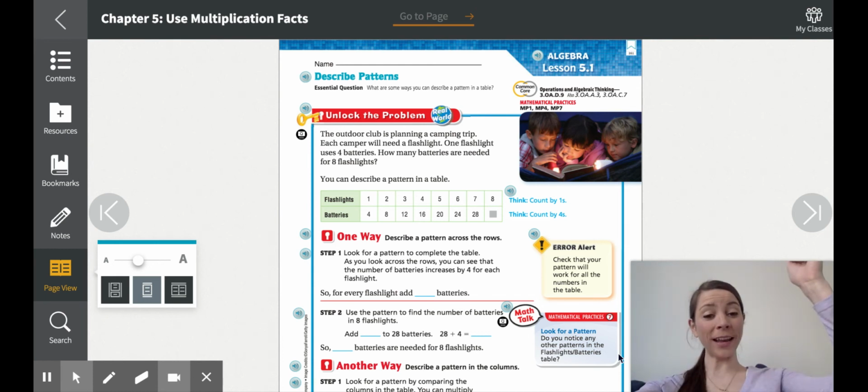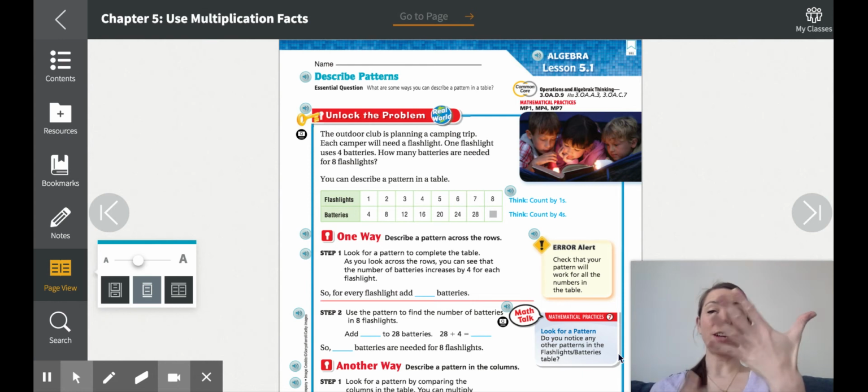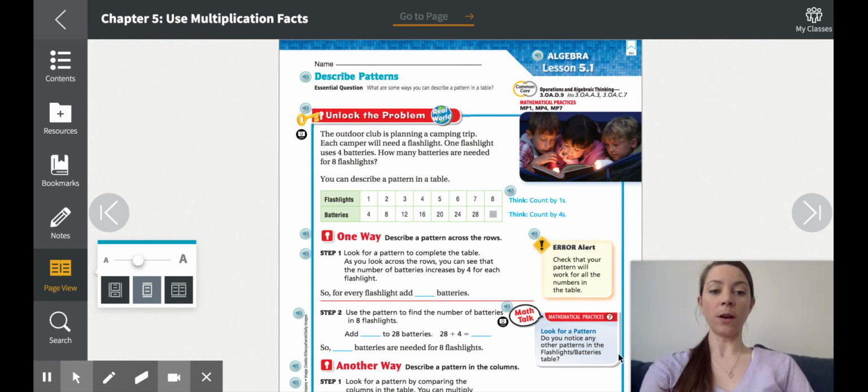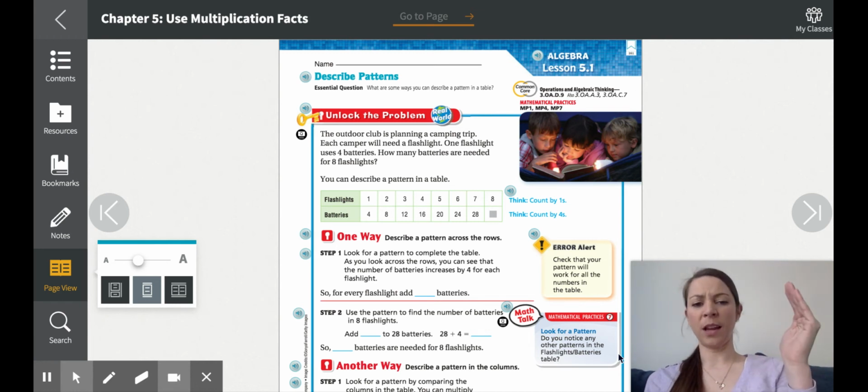So I'm also excited because we get to start a new chapter today, chapter 5, and this one is going back and using multiplication facts again. We've already done 2 chapters on multiplication, 2 chapters on division, and so this is our final one on multiplication, and it's going to add some new lessons and kind of just use some of the skills you already know and maybe bump it up a level.